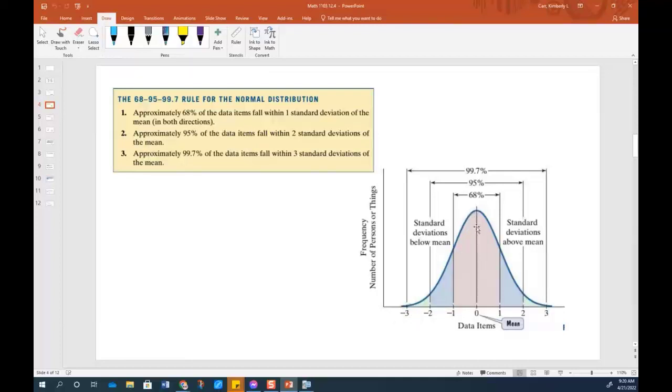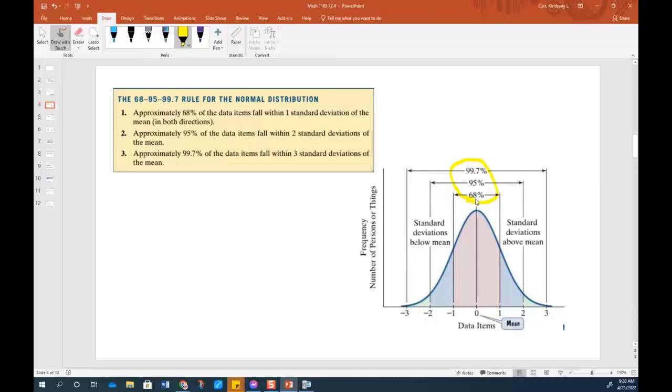On a standard normal distribution, we use what we call, and it's up here in the left, the 68, 95, 99.7 rule. And you see these numbers right here, 68, 95, and 99.7. And this tells us the approximate percentage of data that falls 1, 2, and 3 standard deviations from the mean.